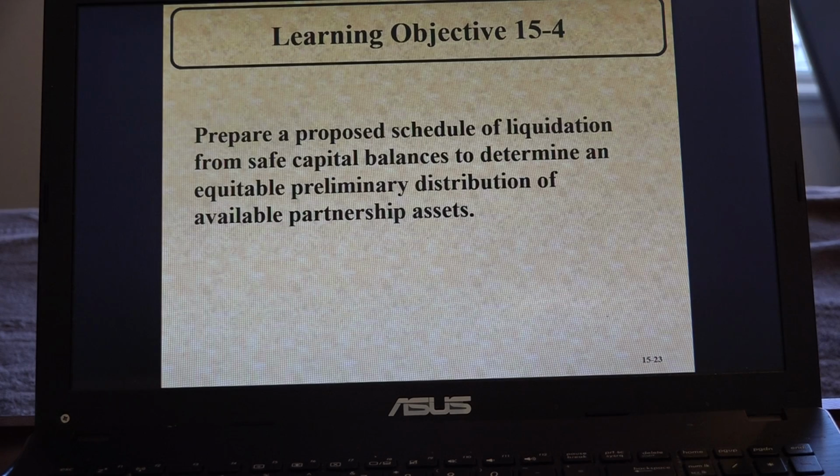On page 675, make sure you look at the example of what happens when two partners are insolvent. It's basically the same thing.